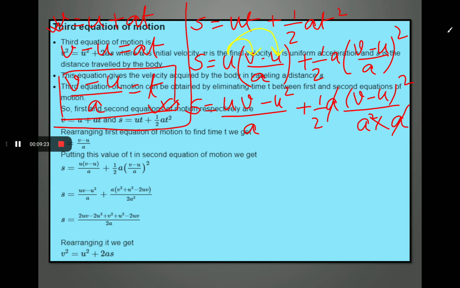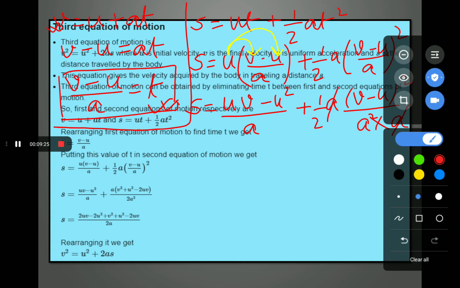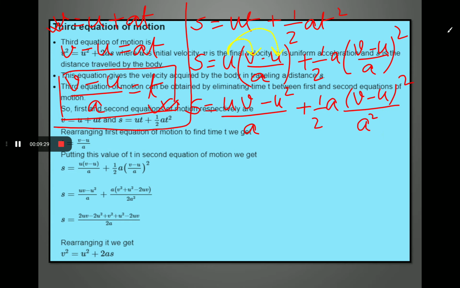Okay, from this line we solve it. S is equal to uv minus u square by a plus 1 by 2 a, and after this line, this is actually the formula of (a minus b) whole square.